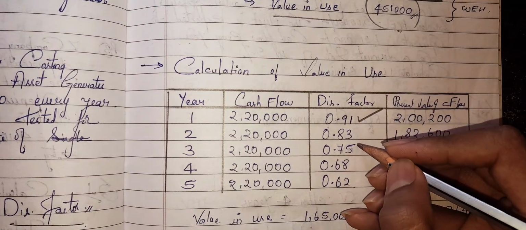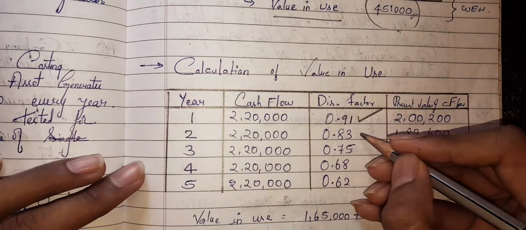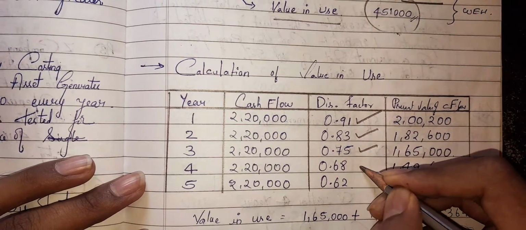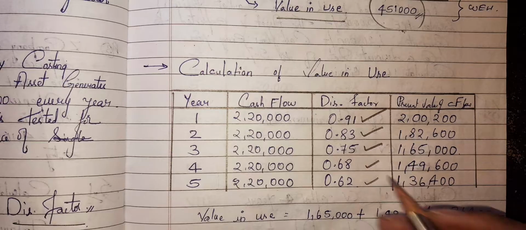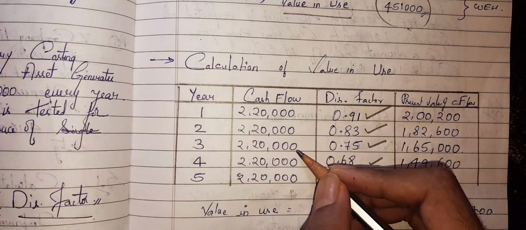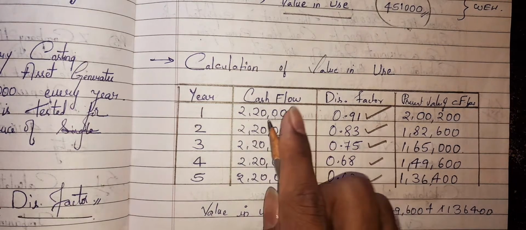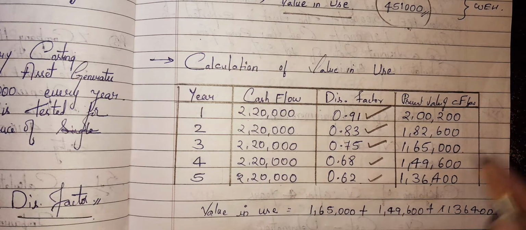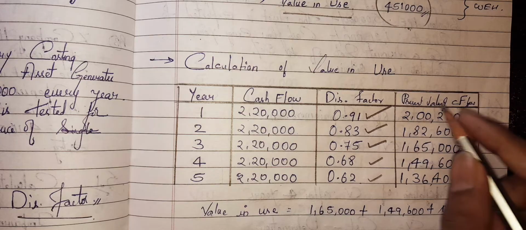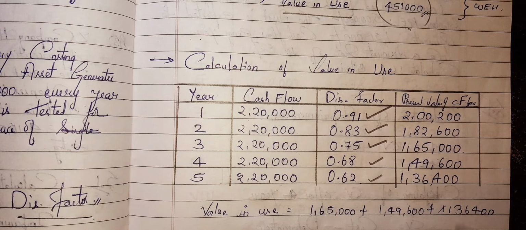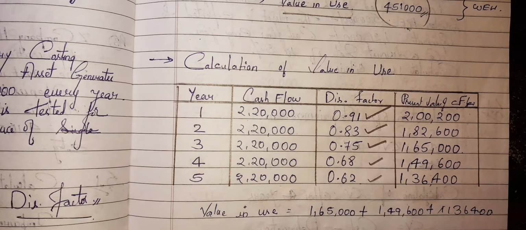Similarly, if you keep on pressing the equal symbol in your calculator, you will get for the second year, third year, fourth year and fifth year. The cash flow the machine generates every year is 2,20,000. If you multiply with the discounting factor, you will get the present value. So like this you will get the answer.